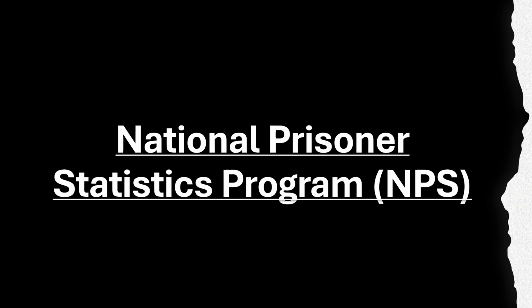Another tool that we have to measure crime is the National Prisoner Statistics Program, the NPS. This is a tool that is not widely known through undergrad, but that's why I wanted to highlight it, because we can get some information from prisoners.